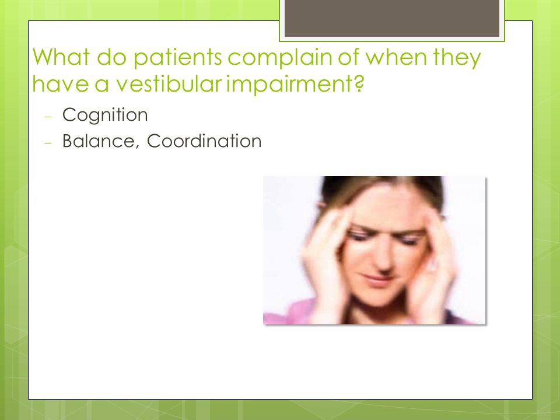Also, balance and coordination. Obviously, the vestibular system, one of its main goals is to manage our posture and keep us upright when both standing still and in motion. And if people are having trouble with balance and coordination from their vestibular system, that is to be expected. Now, the quality of that can help us determine whether or not it's central or peripheral.